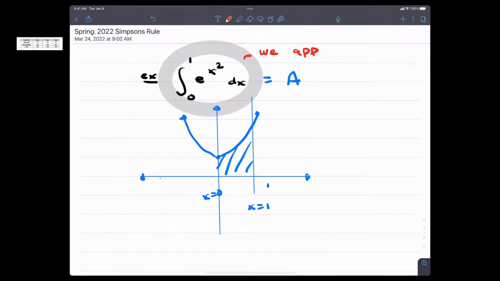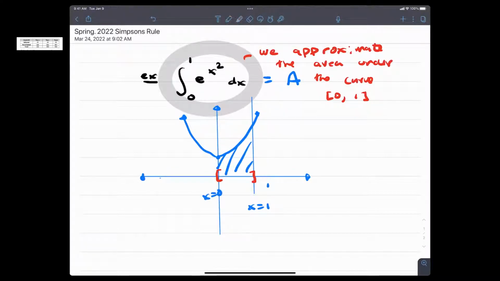We approximate the area under the curve, over the interval from 0 to 1 here, right? I don't know if you guys remember Calculus 1 stuff on that.